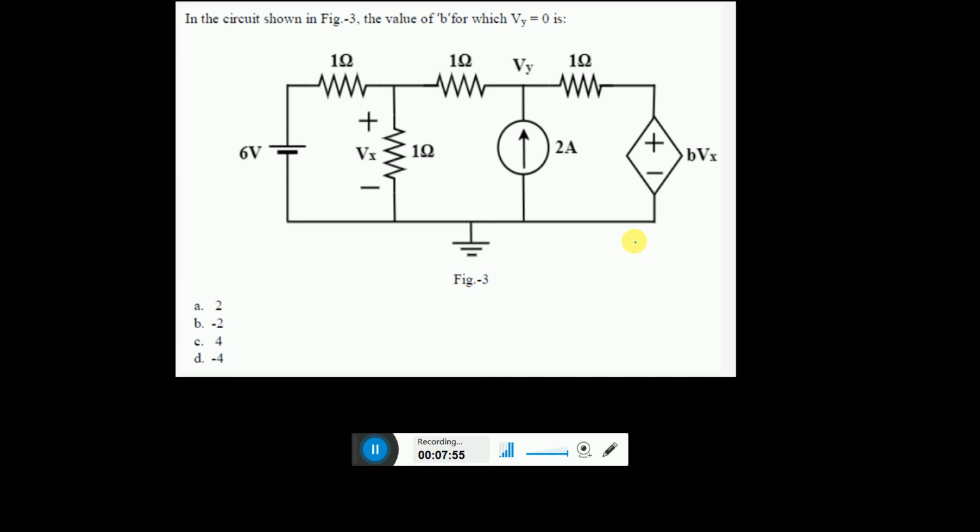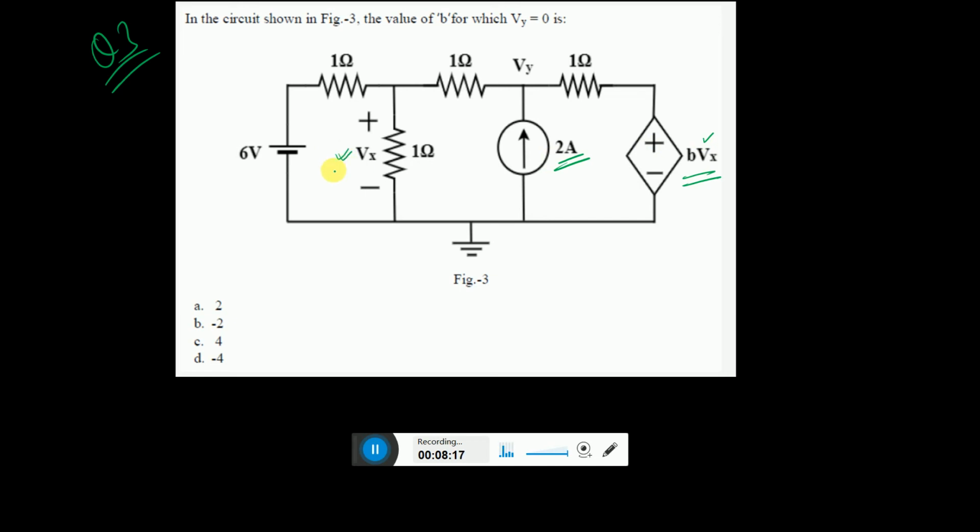And next we go for another question, question 3. So in this circuit, what is given? Let us see that. You have a 2 ampere current source, then you have a voltage dependent voltage source. This value Vx is mentioned somewhere in the circuit.